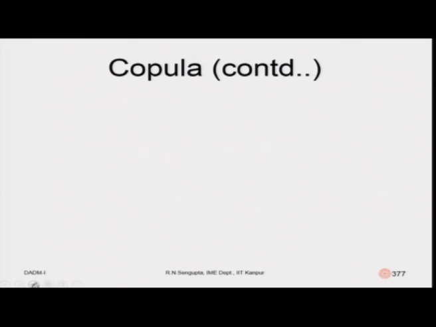Now, consider there are two random variables x and y, and f of x is the PDF. This would be true for the univariate case also, for the discrete case also, and this is the PDF of y.